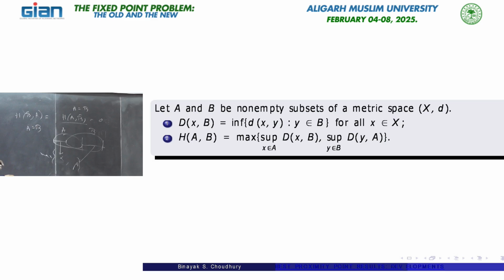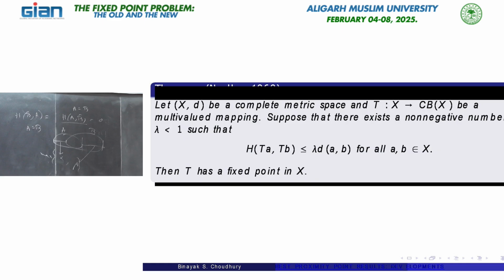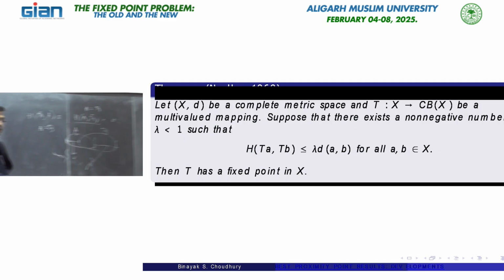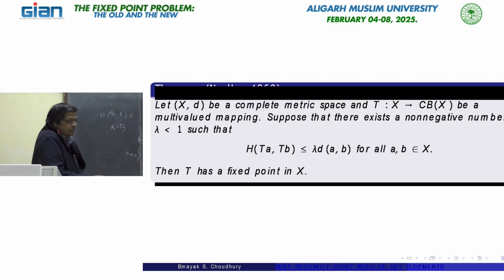With this at hand, we have a nice generalization by Nadler of this theorem of Banach. And it is through this result that the study of contraction mappings enters into the domain of set-valued analysis. This is a very famous and very influential result.